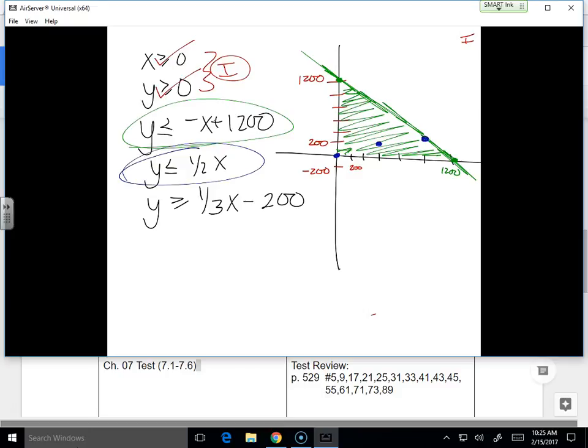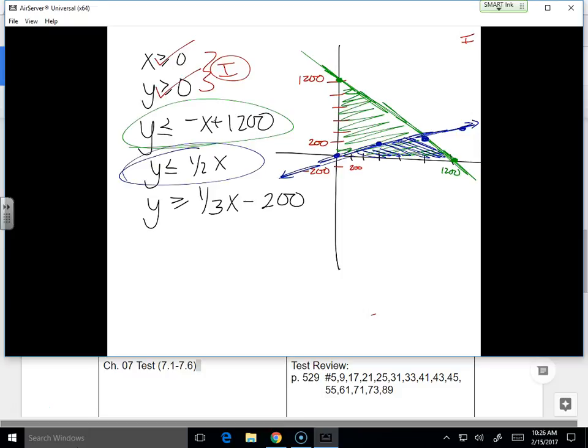Go up 200, over 400. Solid, right? Solid. Shade above or below? So far I'm here, right? That's my overlap. I could shade more, but whatever, I'm just narrowing down.